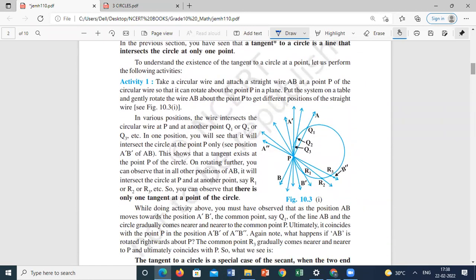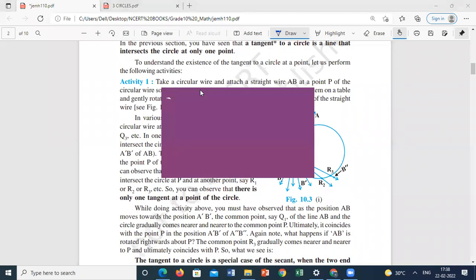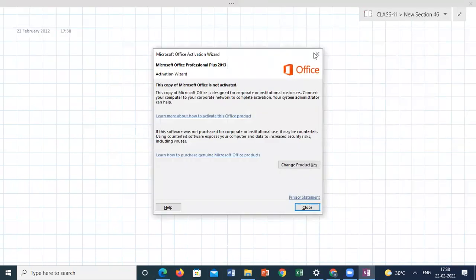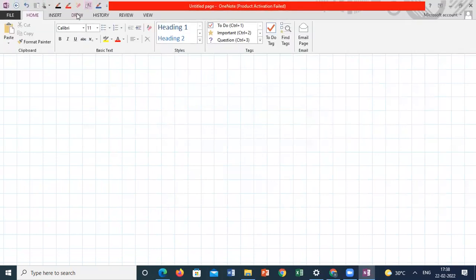How many tangents can be drawn to a circle? Anyone can explain this point? Infinite, sir. The number of tangents that can be drawn to a circle depends on the point. One case is if the point is inside the circle.